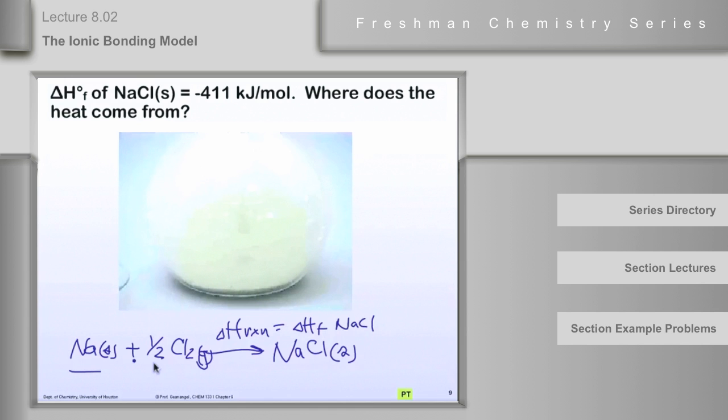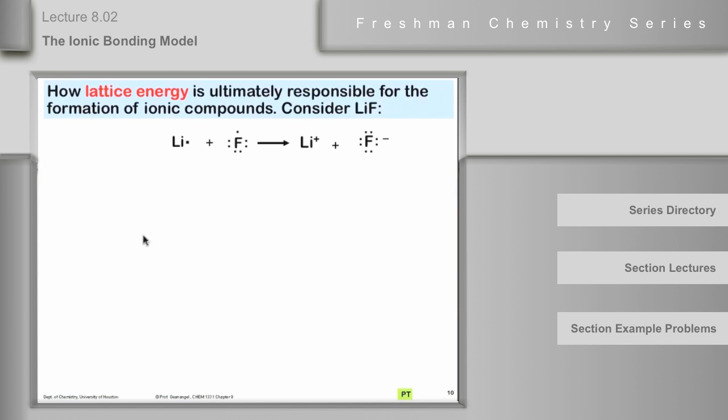So that's what we saw. You saw the sodium, and I showed you the yellow color of the chlorine gas. So the question is, why is this equation so exothermic? We have to think about that for a moment. And what I would like to propose to you is the following idea.